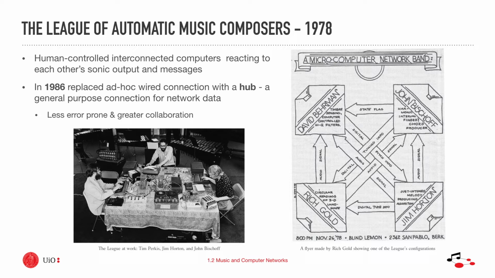The League was the first live computer music band whose members were all composers as well as designers and builders of their hardware and software. This was very common in the San Francisco Bay Area at that time. The Bay actually has a strong tradition of music instrument building, live performances, and multimedia collaboration.